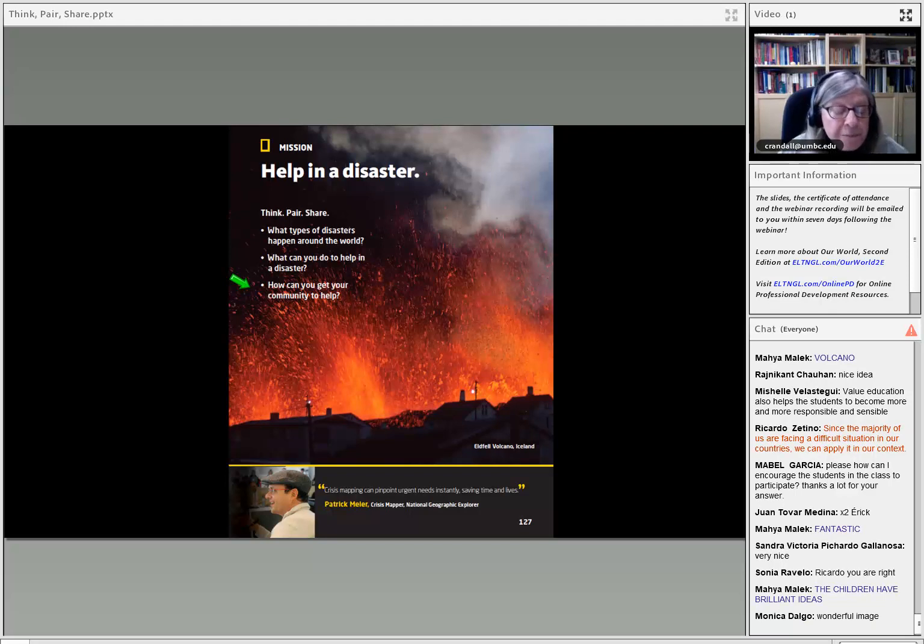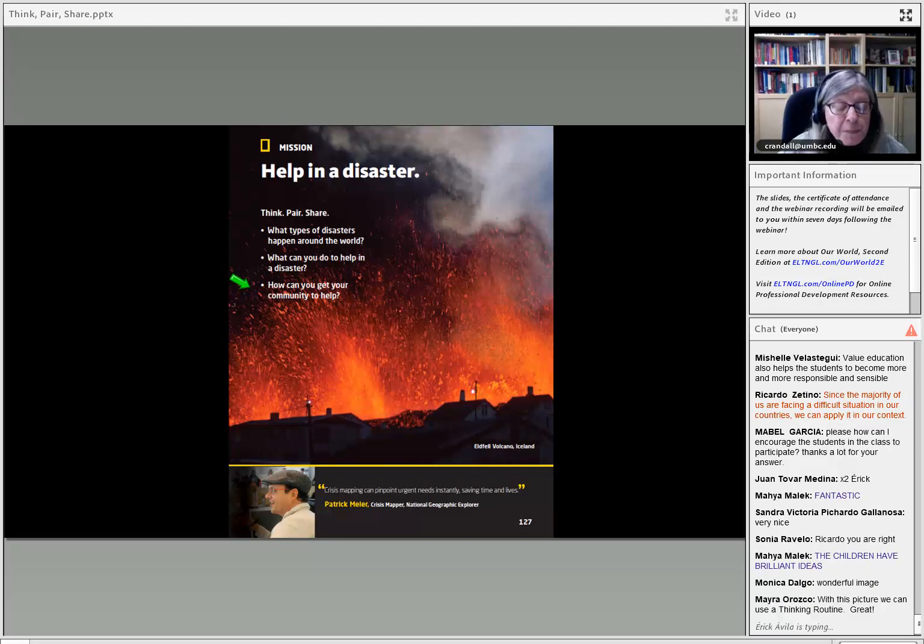The National Geographic Explorer is doing what's called crisis mapping, and it's actually being started now with the pandemic. Crisis mapping tries to pinpoint urgent needs instantly, but also to get a sense of where the next disaster is likely to take place.